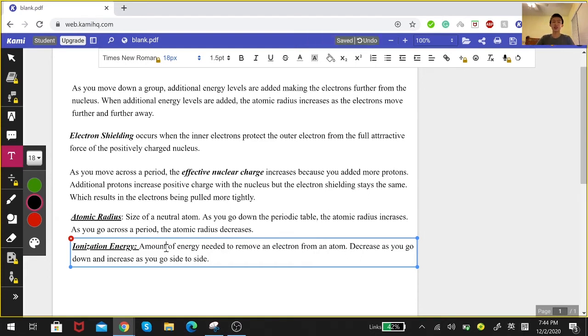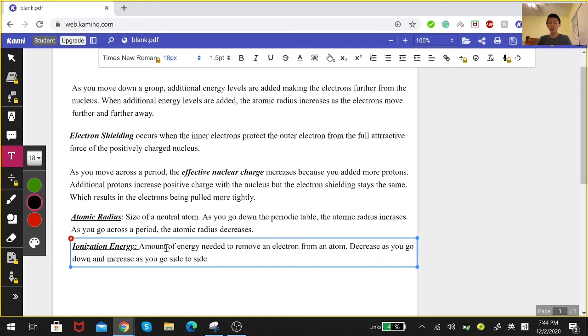Think of ionization energy as pulling an electron away from its atom. If you have a very big atom, the electrons are very far away, which means it has a very big atomic radius. Big atomic radius means small effective nuclear charge. With a small effective nuclear charge, the ionization energy needed will be very small, since it's very easy to pull something away.